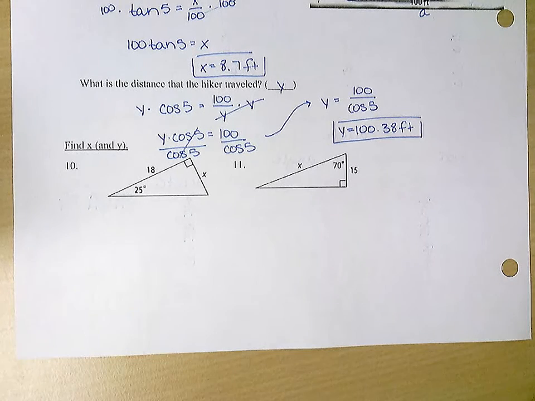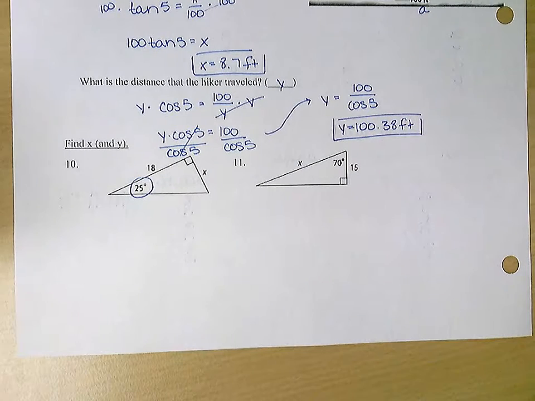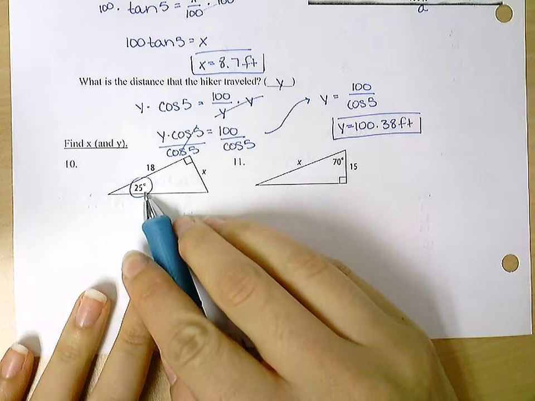So, number 10. When I get a problem like this, first thing I do is locate the angle that I'm given. That's not the right angle. So not your right angle, but the acute angle. Next, I identify my sides from that angle.